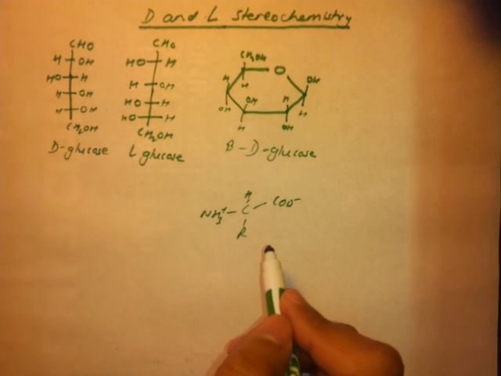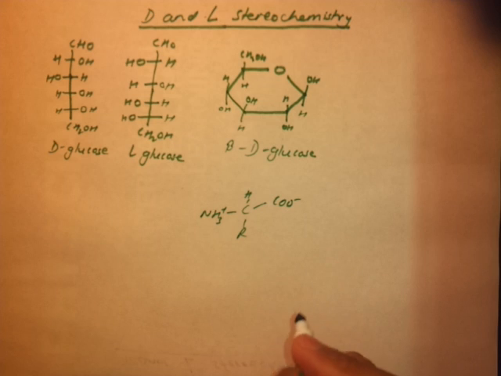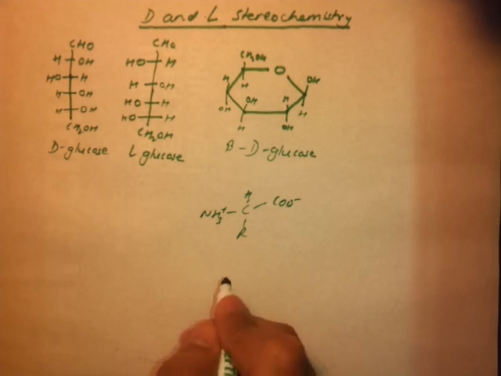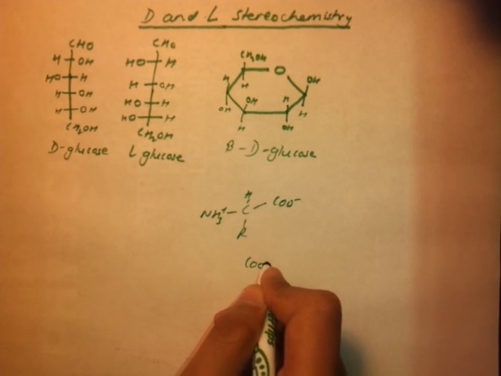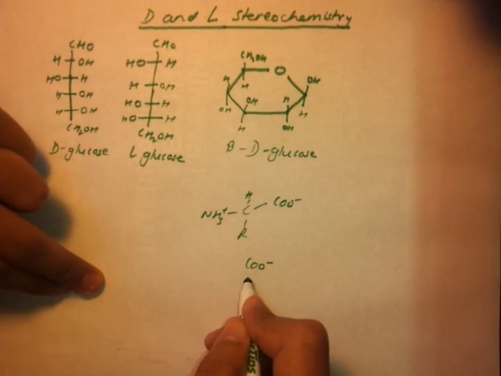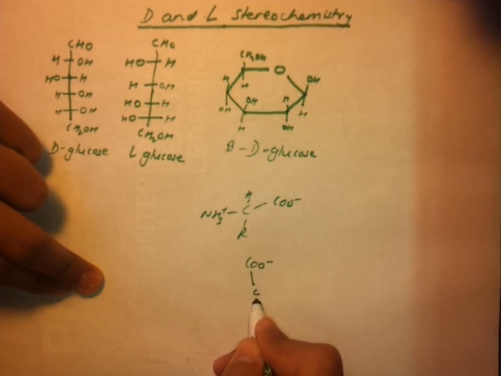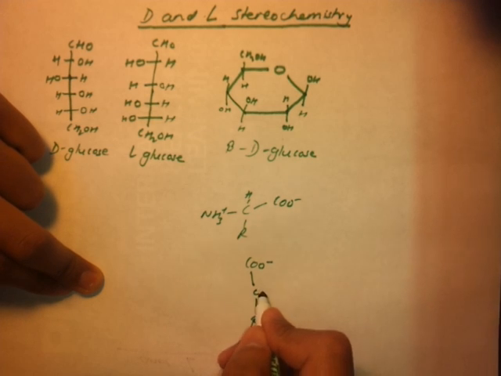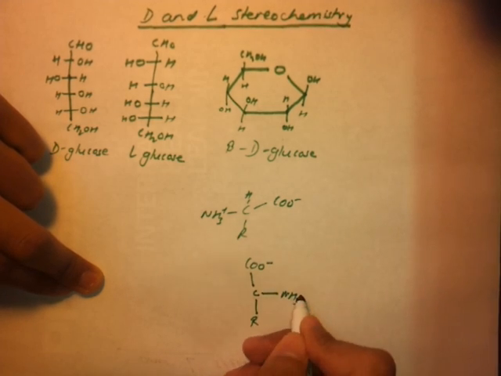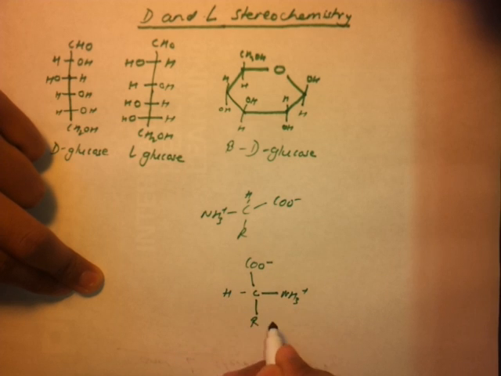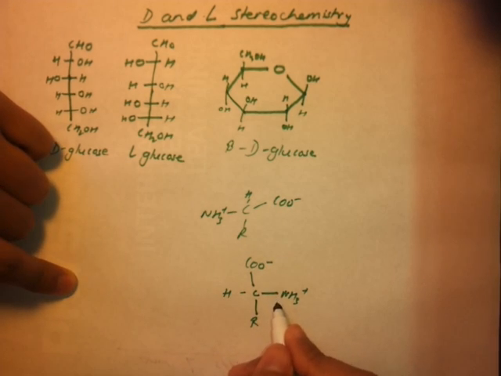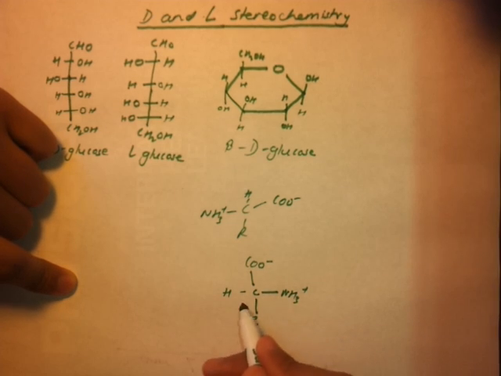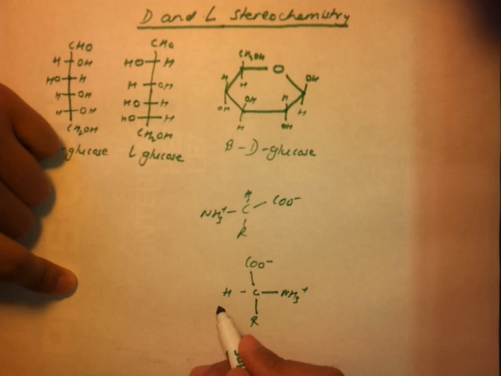To classify an amino acid as D or L, we first need to draw a Fischer projection in which the COO group is on the top, then we have the middle C, and then we have the R group right here at the bottom, and NH3 plus and H. If this NH3 group is to our right, we call it a D amino acid, and if this NH3 is on the left, we call it an L amino acid, and that's it.